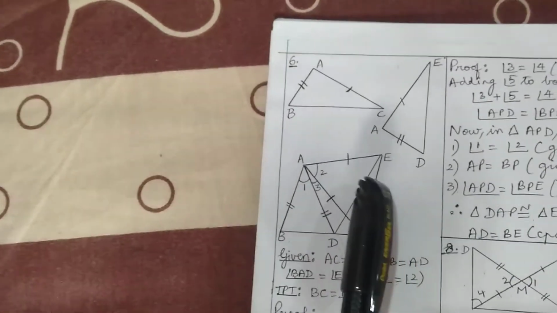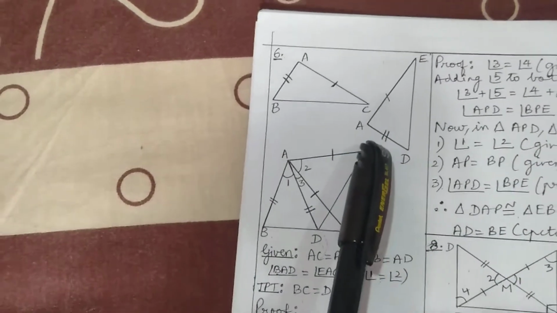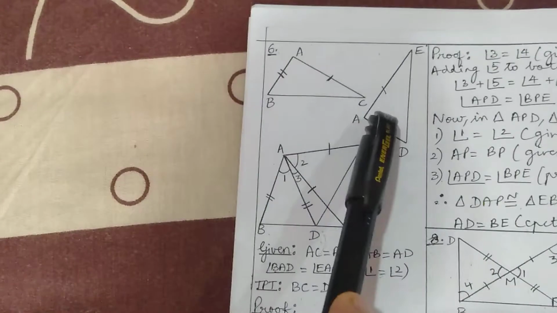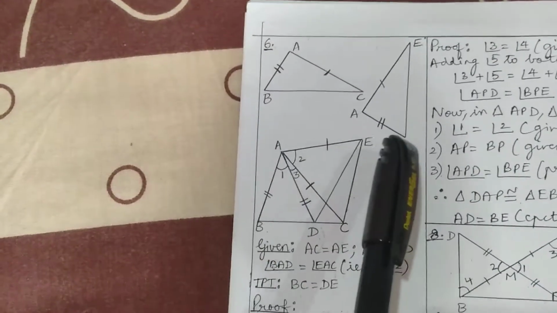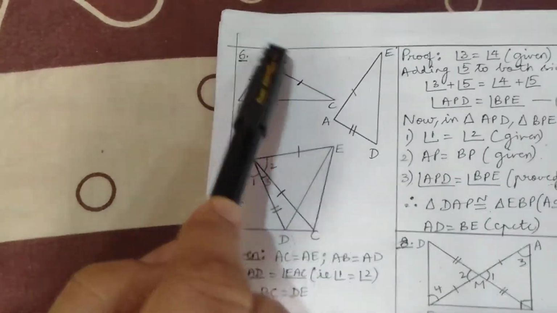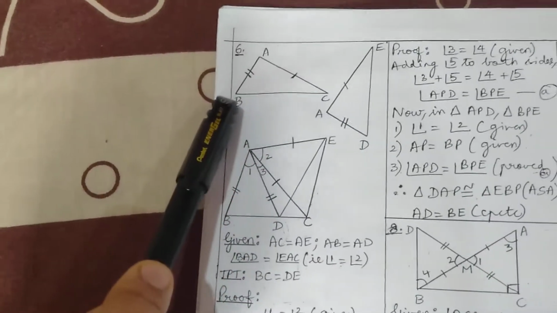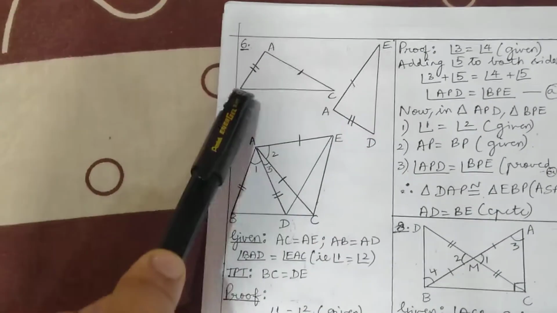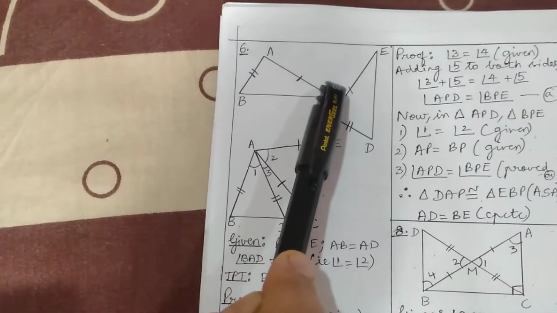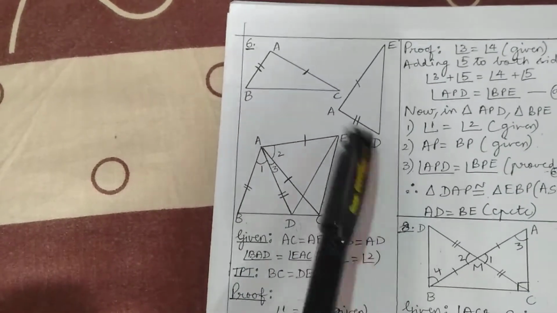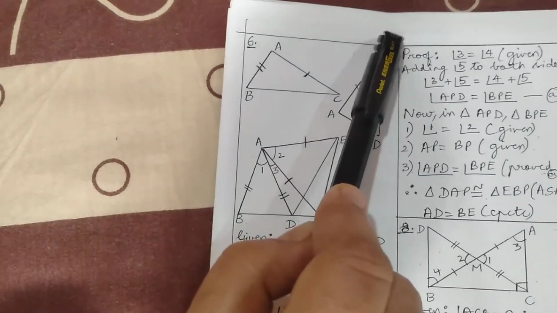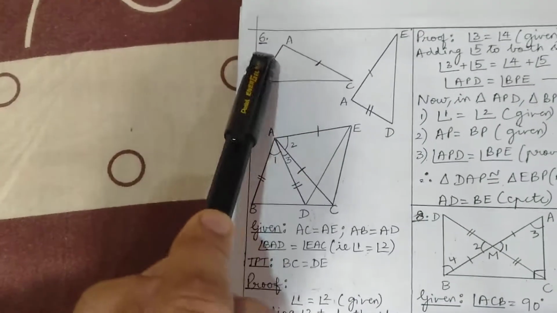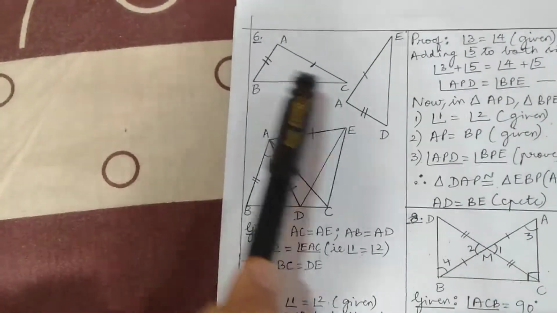Now what's important? How do we name the triangles? Another way of naming the triangles can be as easy as this. Simply go in the order of the equalities given to us. If you call the first triangle BAC, then call the second triangle DAE. This side is equal to this side, and this side is equal to this side.